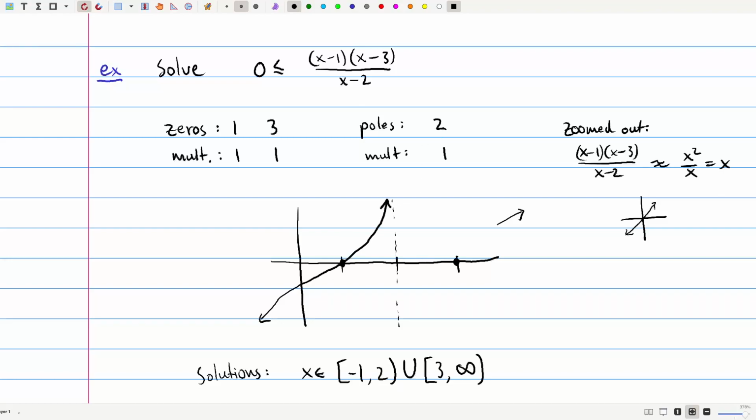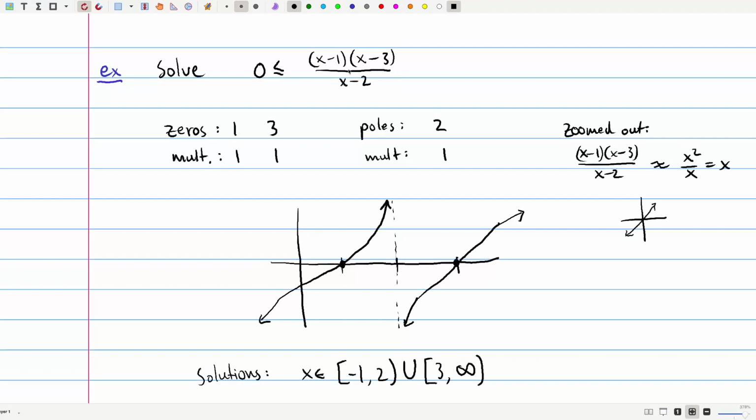It's a multiplicity 1 asymptote, so it's positive on one side, which means it's negative on the other. Then we come up to the 0, multiplicity 1, 0 at 3, go right through, and then we connect up. And that's our picture. So when is this greater than or equal to 0?